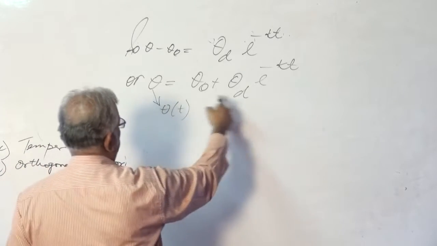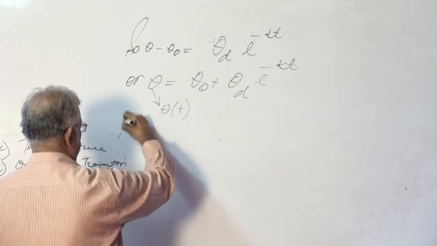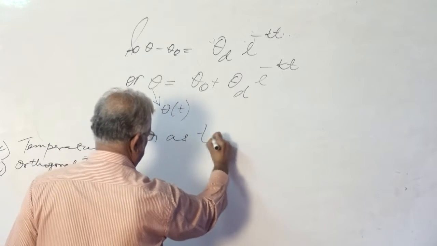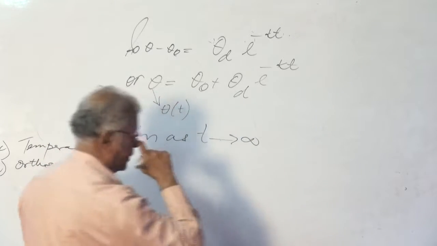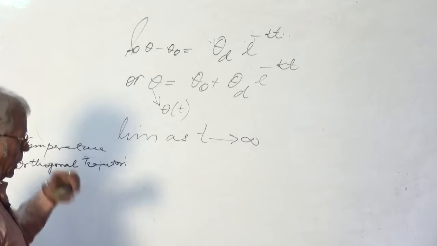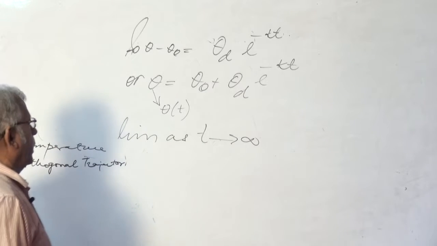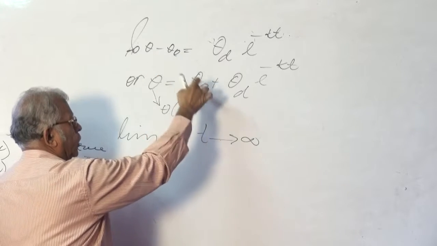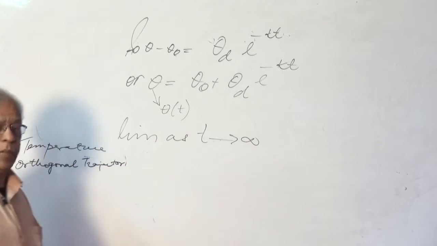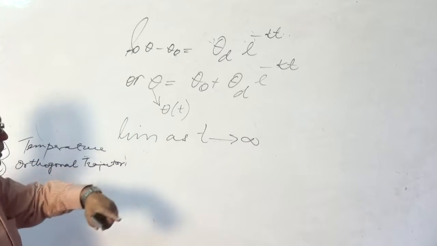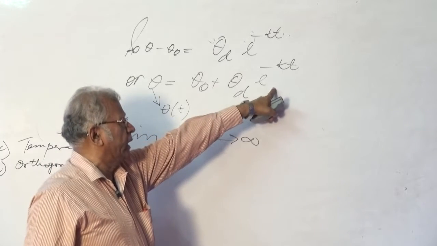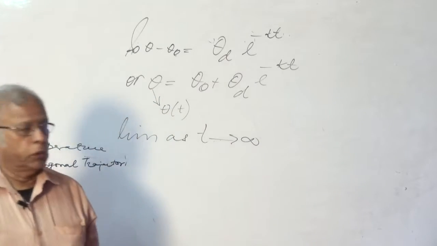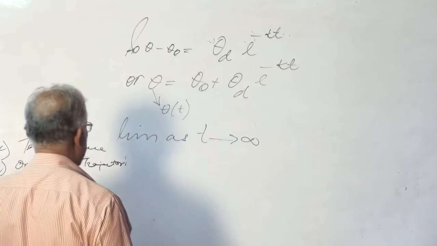So, once we take a limit of this as t tends to infinity, which is a very large number of time units, the value of the temperature of the hot body will settle down to theta naught. That is what we should expect, and that is what the equation says, because as t tends to infinity, e to the power of minus kt tends to 0. So that is absolutely justified.